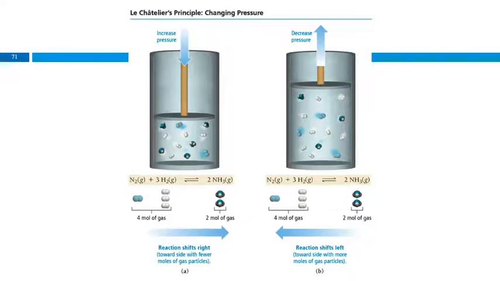So here are pictures for this. When we increase the pressure by decreasing the volume, that's going to increase the partial pressure of all of these things. And we could stick numbers into the equilibrium expression if we wanted to and show how that happens.